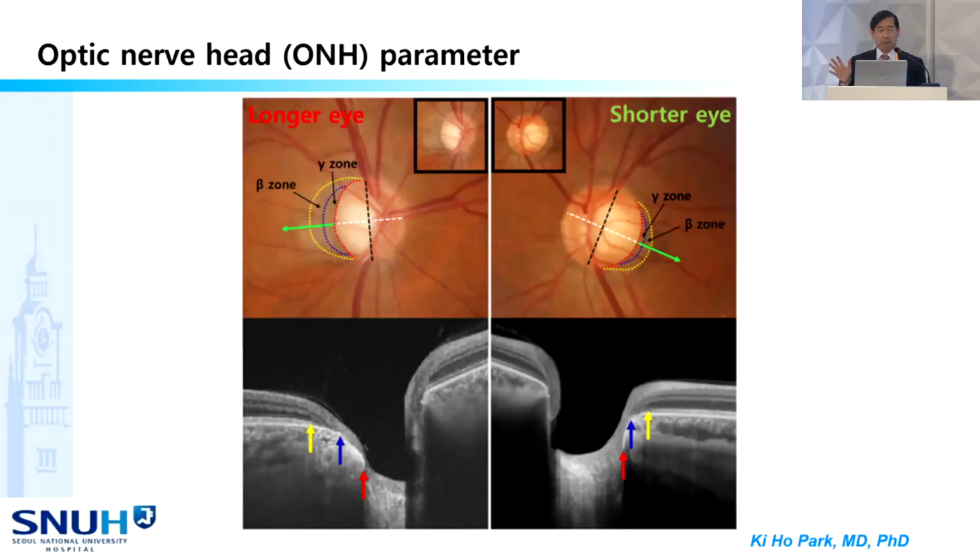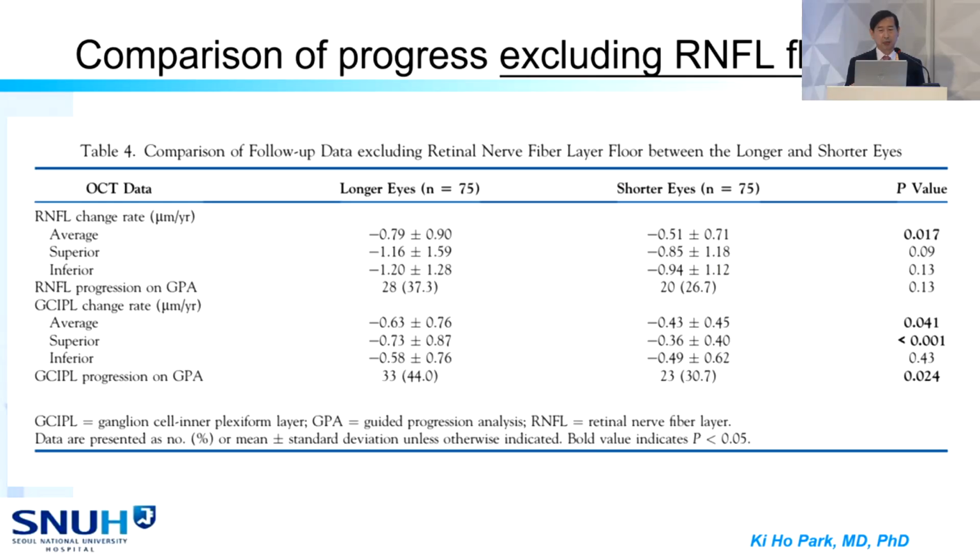Also, longer eye showed a larger beta and gamma zone peripapillary atrophy, and higher ovality index. An interesting finding was RNFL change per micron per year and GCIPL change per micron per year was faster in longer eyes compared to the shorter eye.